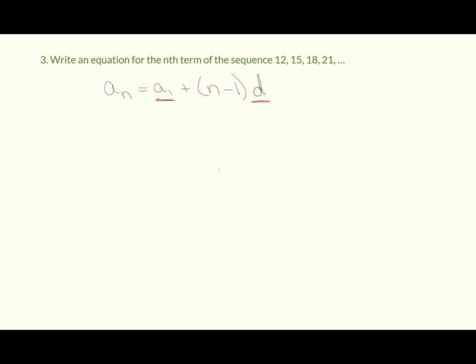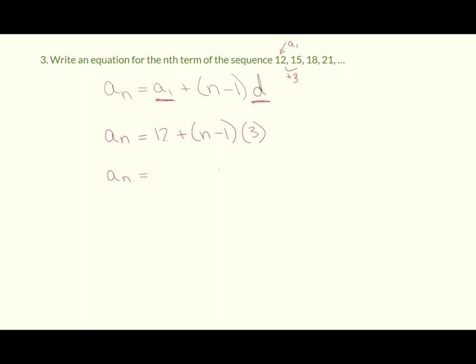So our first term in the sequence is 12. And what are we doing between each number? We're adding 3. So 3 is going to be our common difference. So a_n equals 12 plus (n minus 1) times our common difference, which is 3.